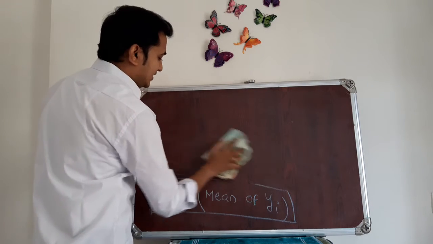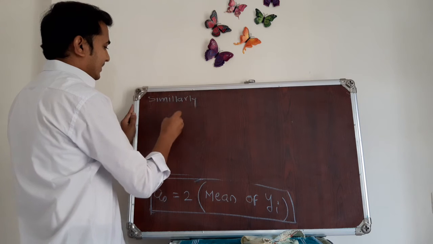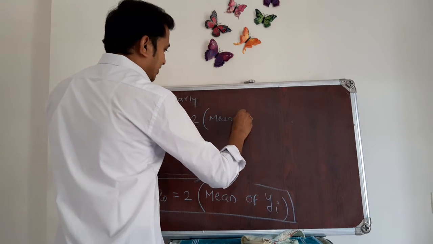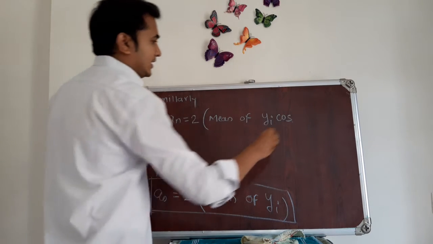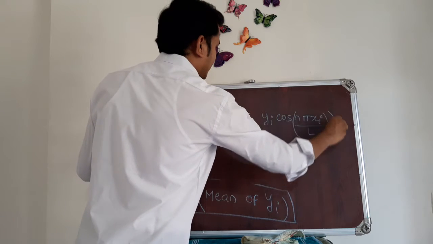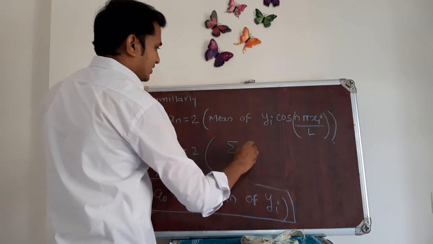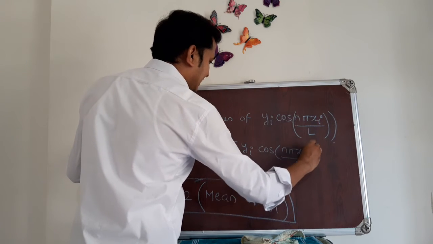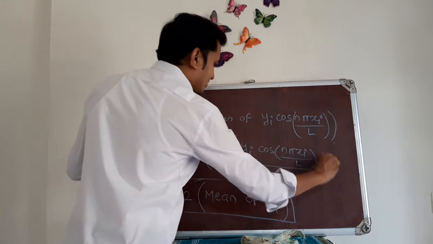If you do a similar thing for an, similarly an is equal to 2 into mean of yi into cos of n pi xi upon L. That is, an is equal to 2 into summation yi into cos of n pi xi upon L divided by m, where i running from 0 to m minus 1.